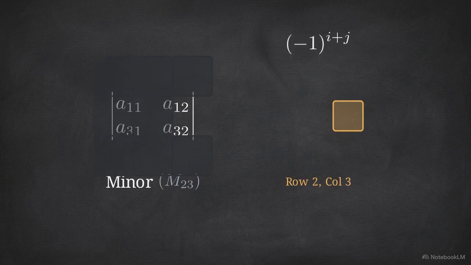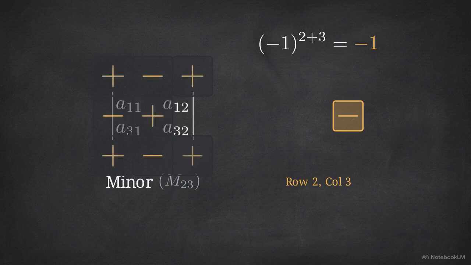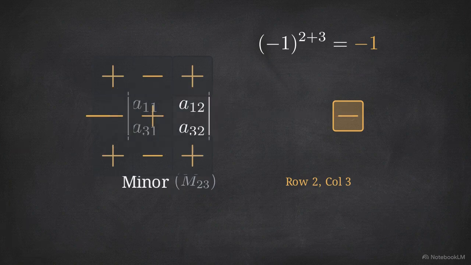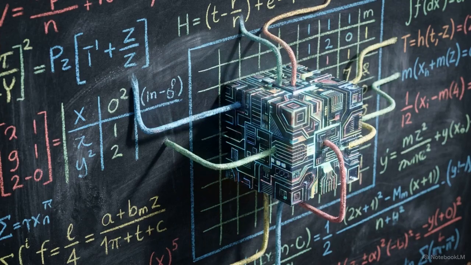We use a positional formula, -1 to the power of row plus column, to generate an alternating grid of positive and negative signs. Applying this corresponding sign to our minor transforms it into a new functional unit, the cofactor. A cofactor is a localized block of data, mathematically anchored to its precise location within the global matrix structure.